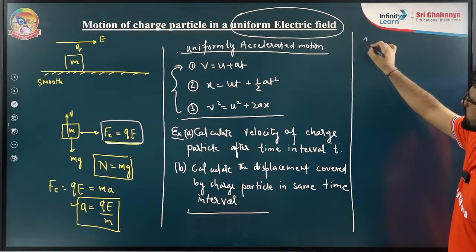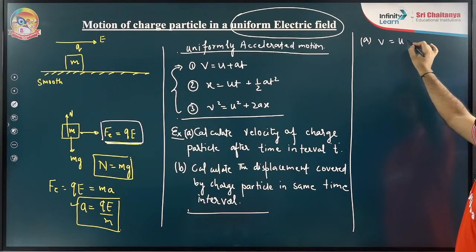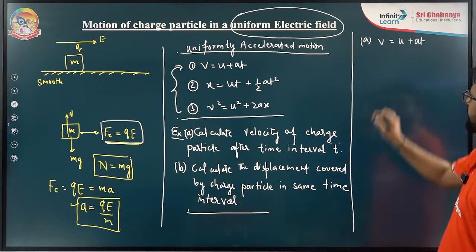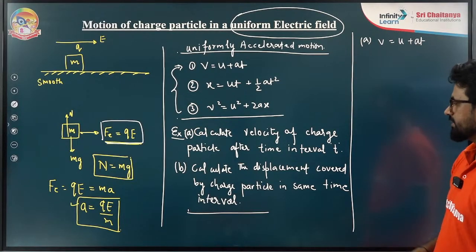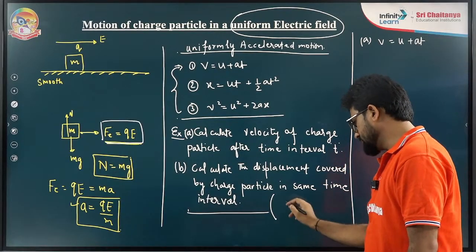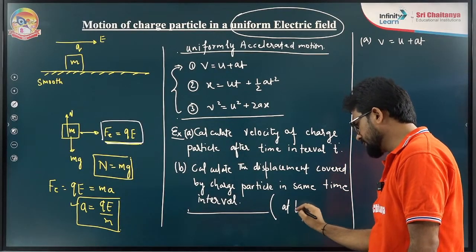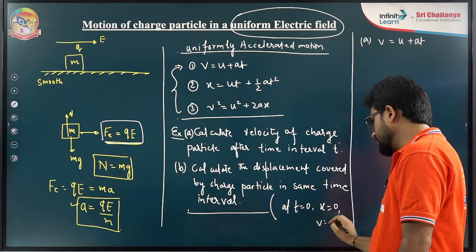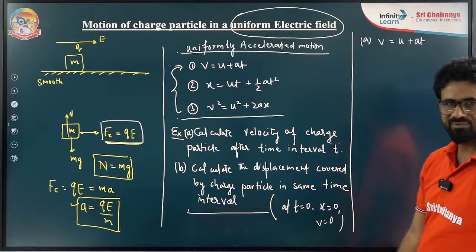You can say the very first part is, we can apply the equation v equal to u plus at. Initially, it starts from rest. If I say at t equal to 0, x equal to 0 and v also equal to 0, that means it starts from rest.